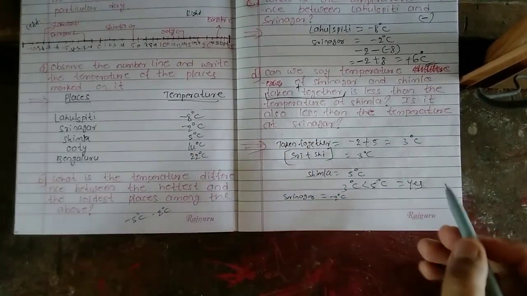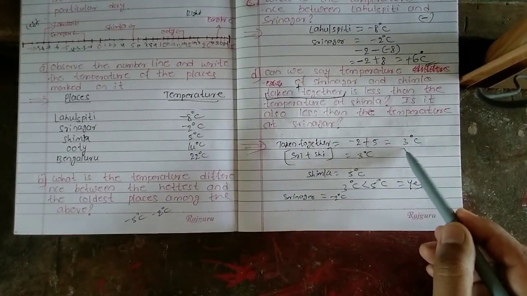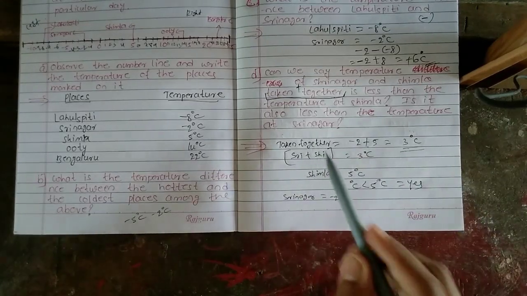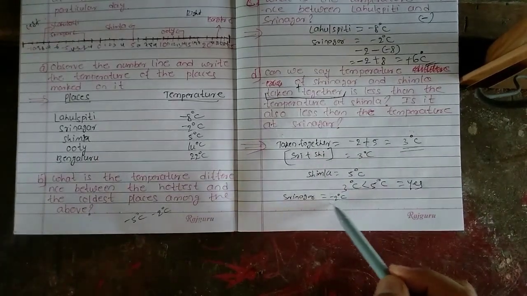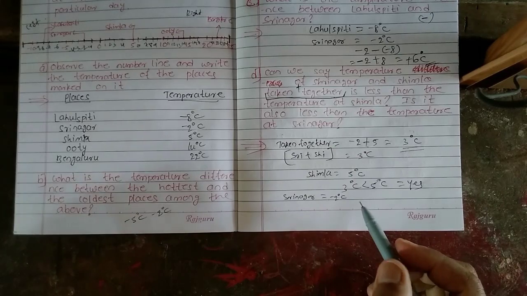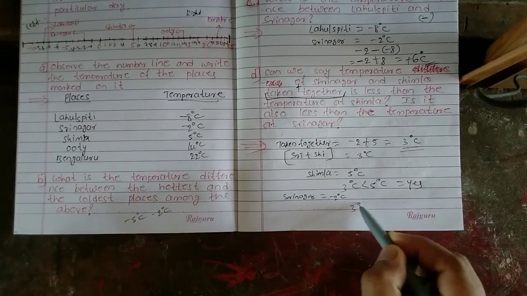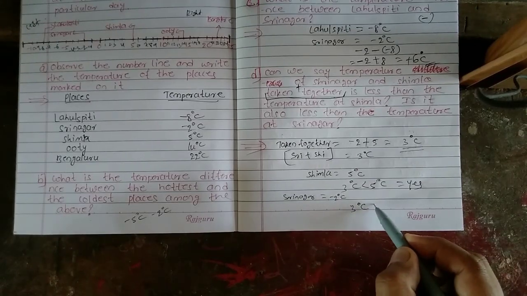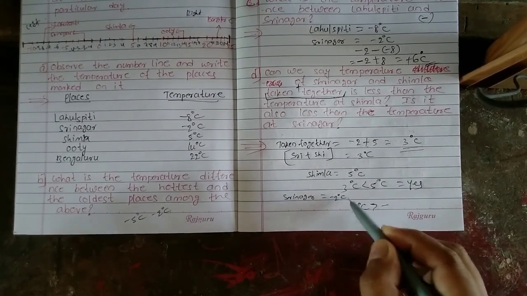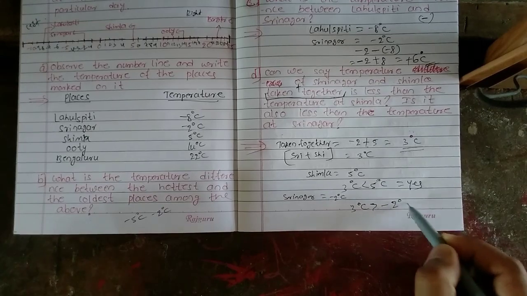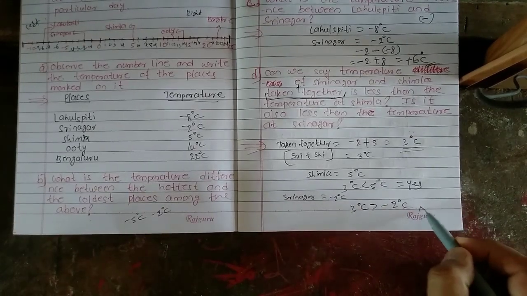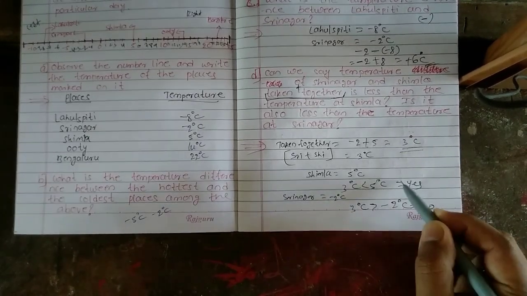The taken together temperature is 3 degrees Celsius, and Srinagar is -2 degrees Celsius. It is greater than the temperature. 3 degrees Celsius is greater than the temperature of Srinagar. The answer is no.